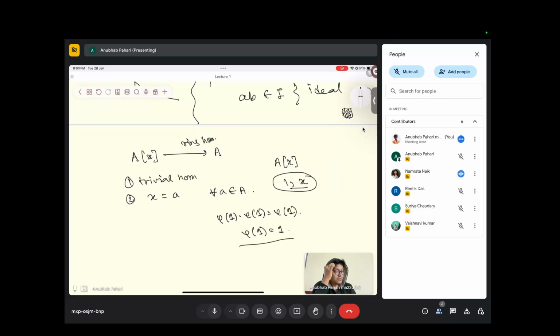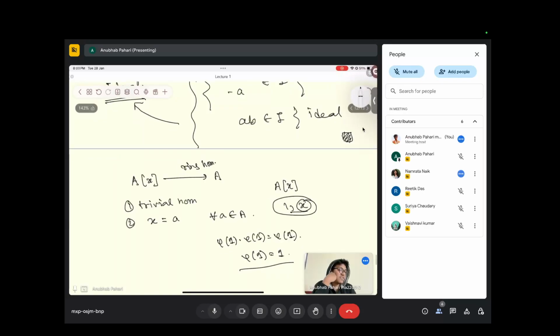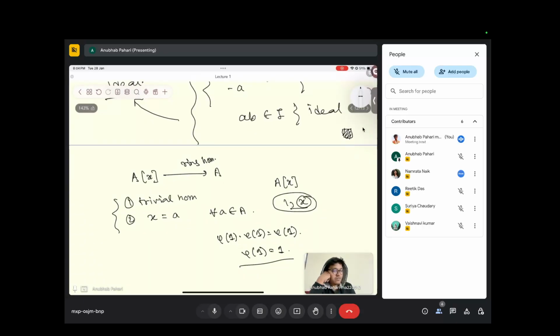So the only thing to care about is where X is going. So I think this is enough. I'm a little tired right now. So only the evaluation maps, I think, for now, but maybe there's some trick, because you know algebra is always tricky.